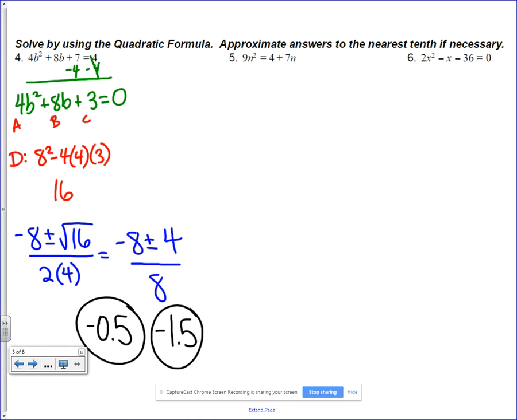Okay, how about the next one? So what will that look like then? Good, I like that he put that in the correct order. Everybody have the negative sign in front of their 9? Yes? Okay, first thing you have to find is the discriminant. So hold on one second here.